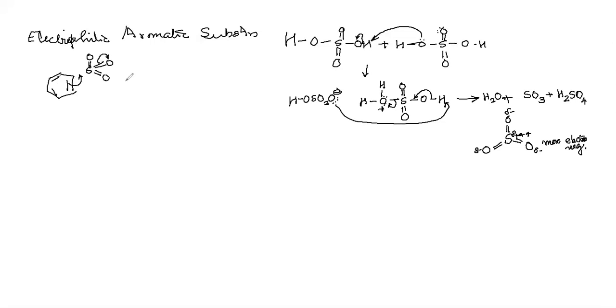At any time, sulfur should have 6 bonds only. Now you have S double bond O, double bond O, O minus. And where is the plus?